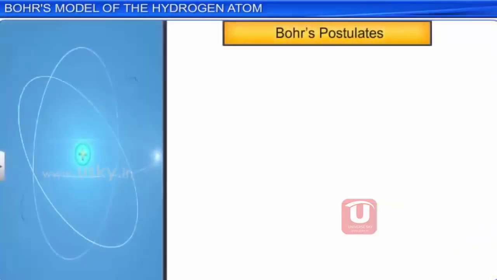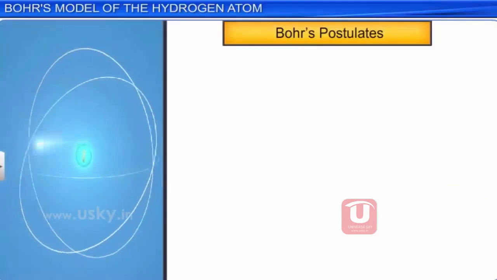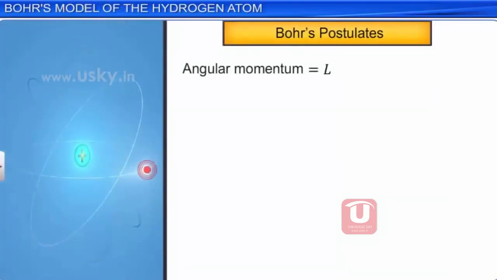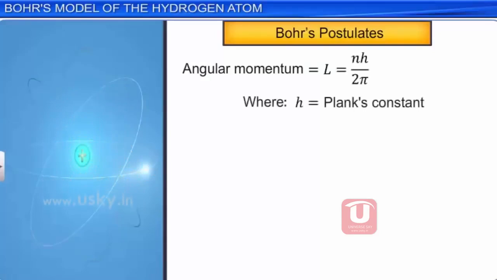According to Bohr's second postulate, the electron revolves around the nucleus only in those orbits for which the angular momentum L is an integral multiple of a constant equal to nh by 2 pi, where h is Planck's constant equal to 6.625 × 10^-34 joule second.